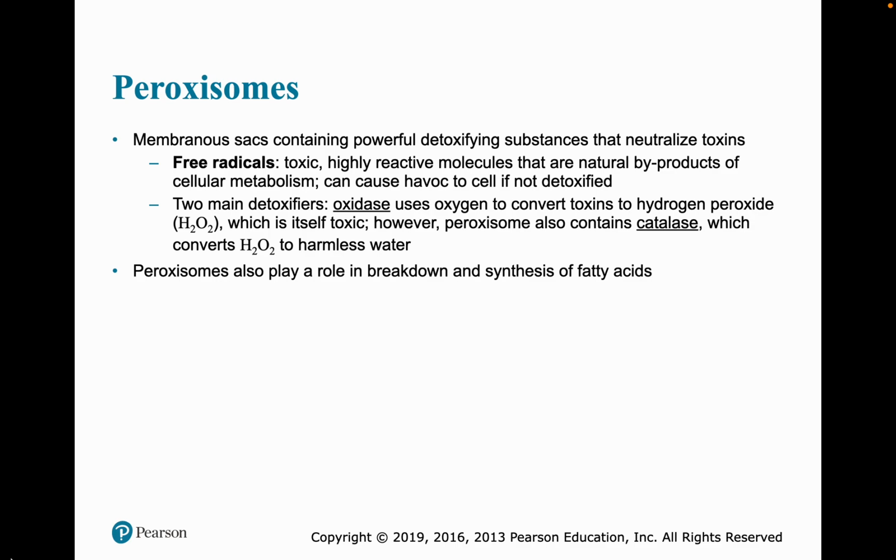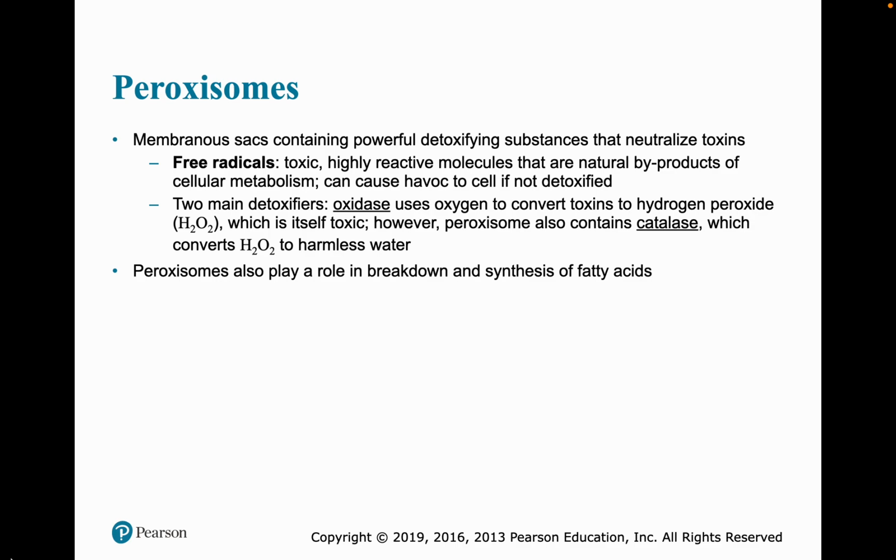Another internal structure is the peroxisome, which is a membrane sac containing detoxifying substances such as free radicals. Those free radicals are toxic, highly reactive molecules, and peroxisomes can get rid of those.